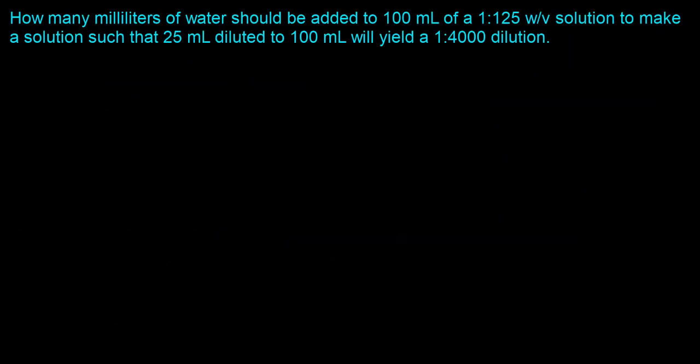This question says, how many milliliters of water should be added to 100 milliliters of a 1:125 weight by volume solution to make a solution such that 25 milliliters diluted to 100 milliliters will yield a 1:4,000 dilution?